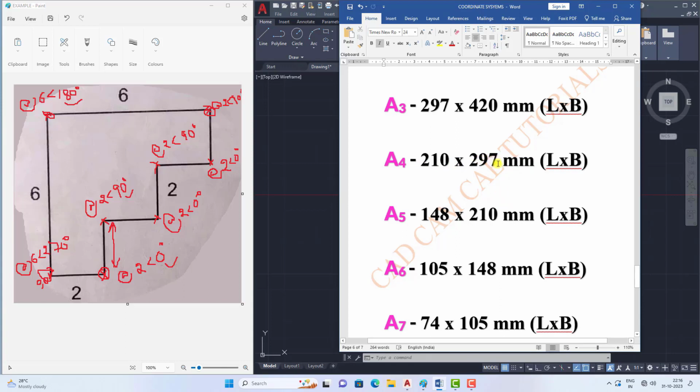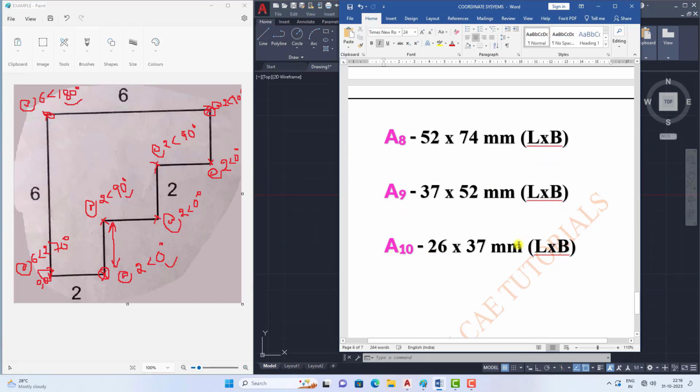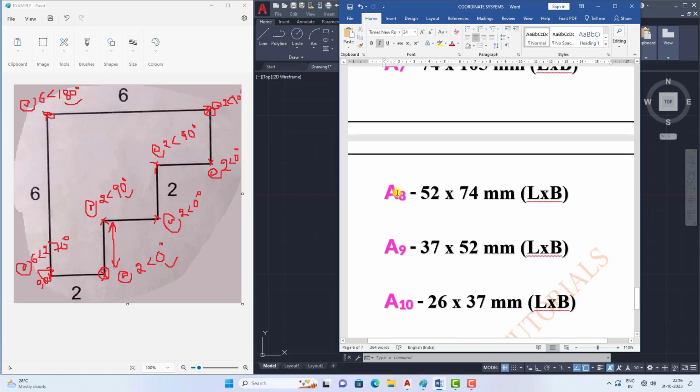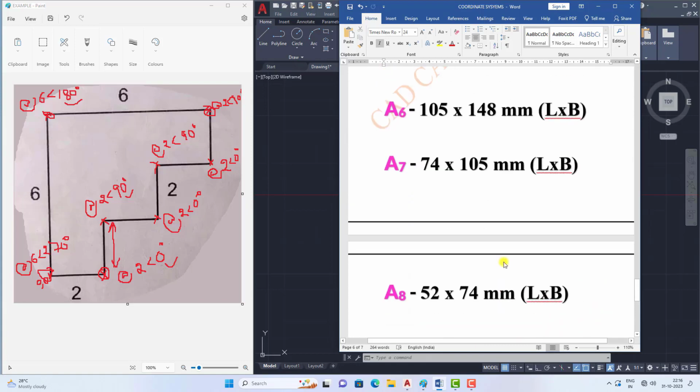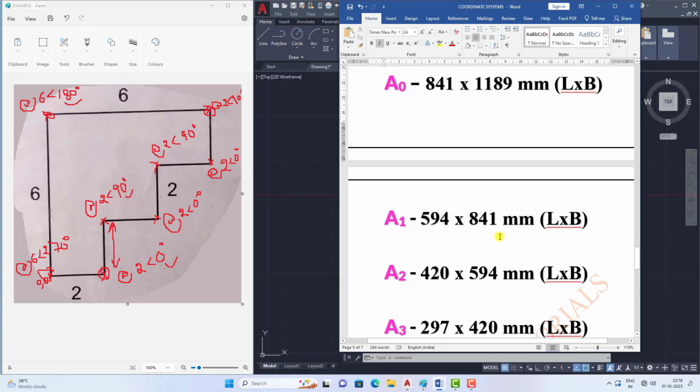If you go to the A10 paper size, see how much it has reduced: 26 by 37 millimeters is the A10 paper size. For the alphabetical A, if the suffix value increases, the paper size decreases. If the suffix value is less, the paper size is more.